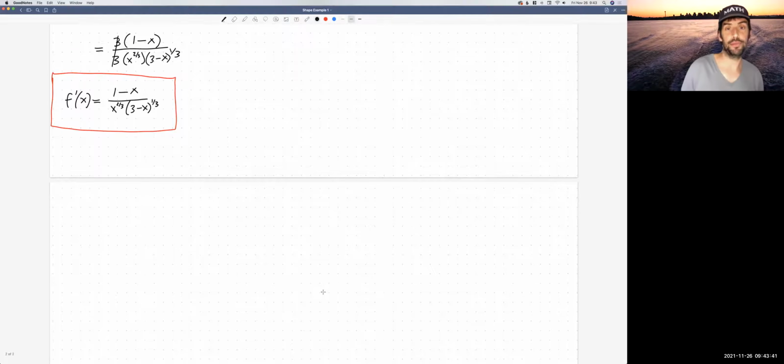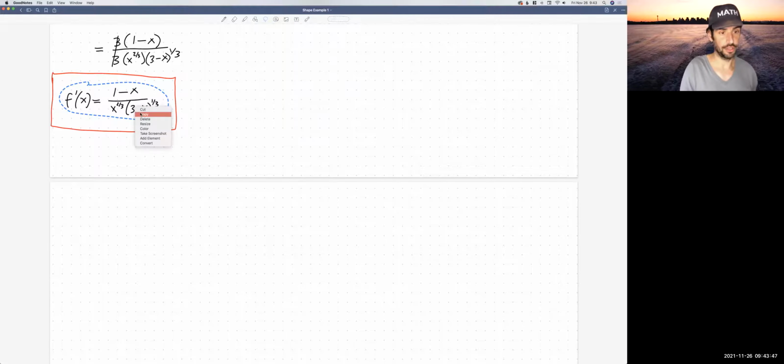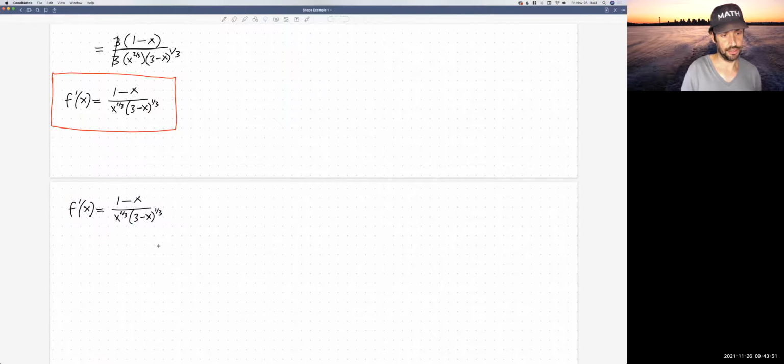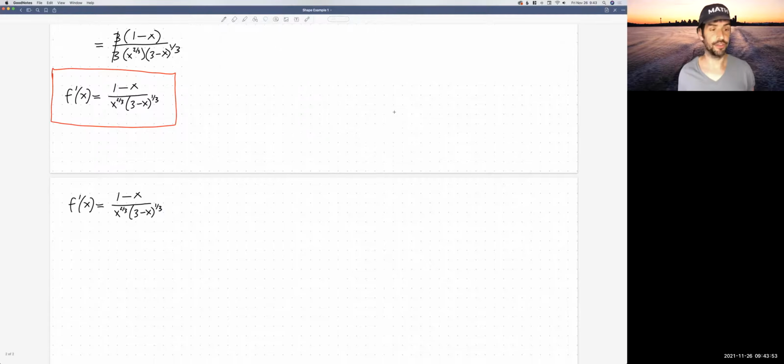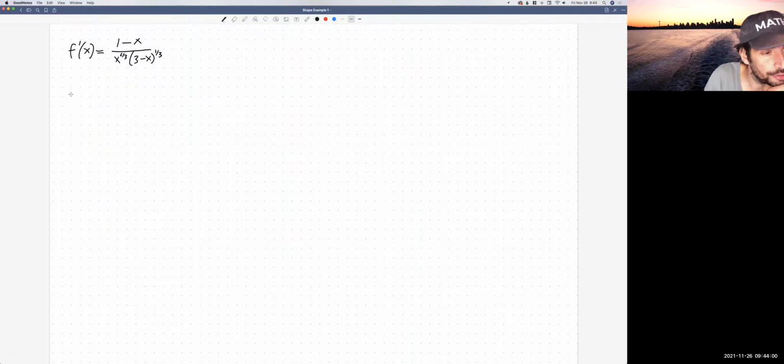So let's copy this derivative. We want the second derivative now, so it's just the derivative of this function. So let's just bring it down here and take the derivative of this function. Okay, so this one's going to get even messier. Looks like we've got a quotient rule.